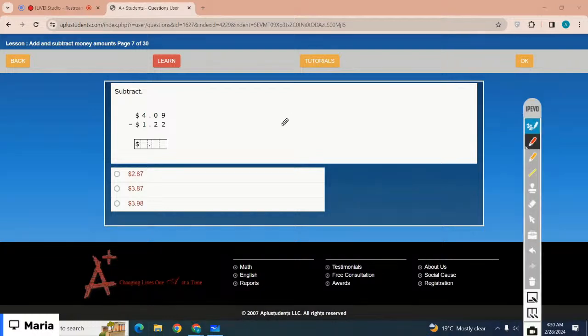The first one is 4.09 take away 1.22, right? You have to start subtracting from the rightmost digit, that is 9 take away 2, right? So 9 take away 2 is 7. Then you have to do 0 take away 2, right? So you need to borrow 1 from here. Here you have 3 and here you have 10.